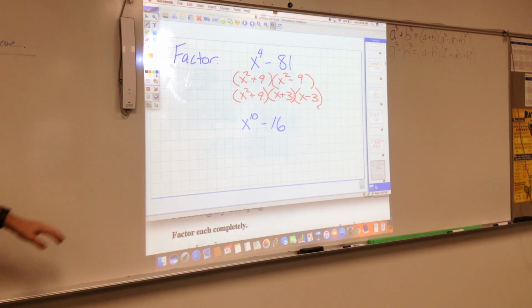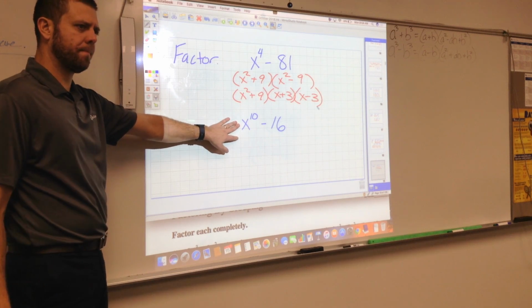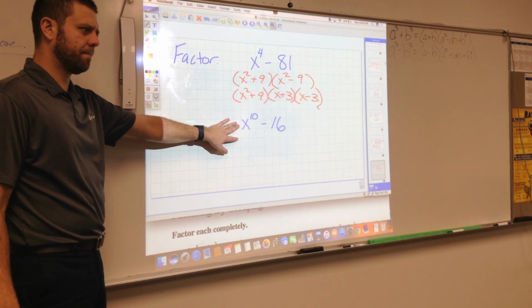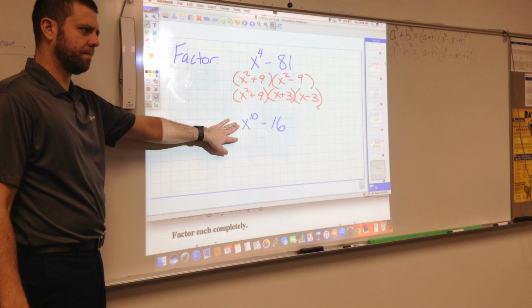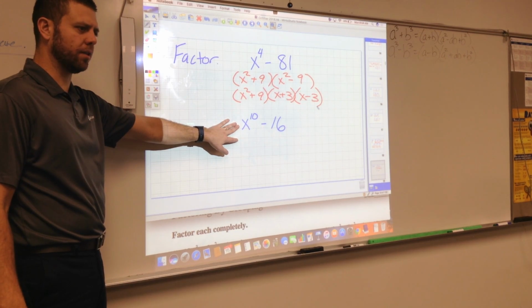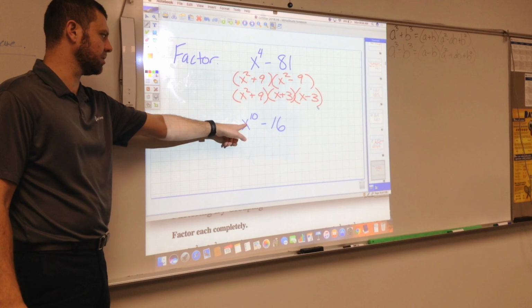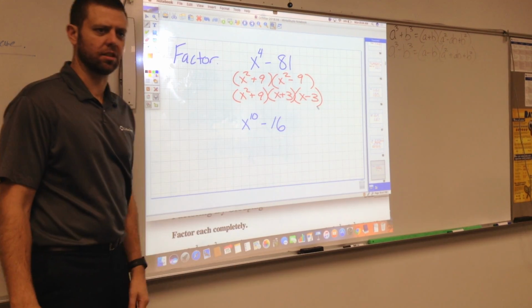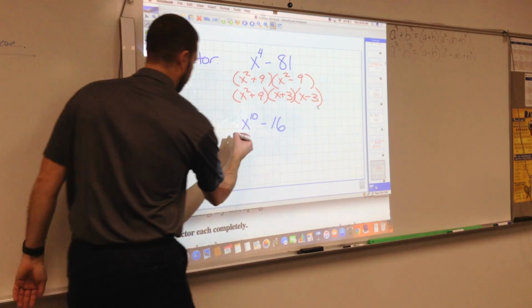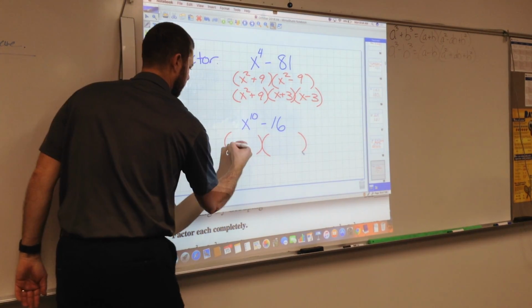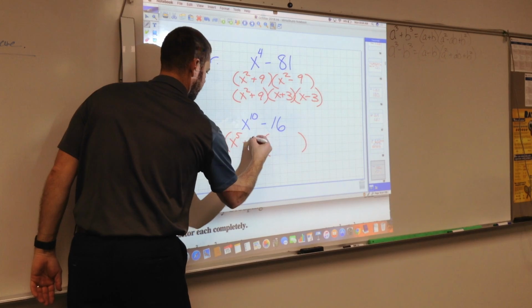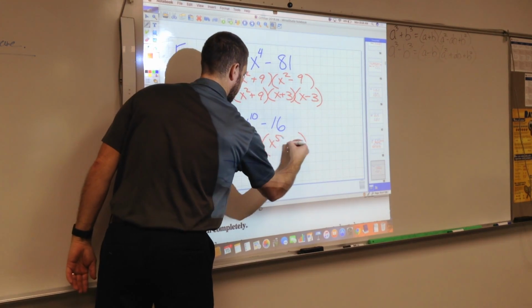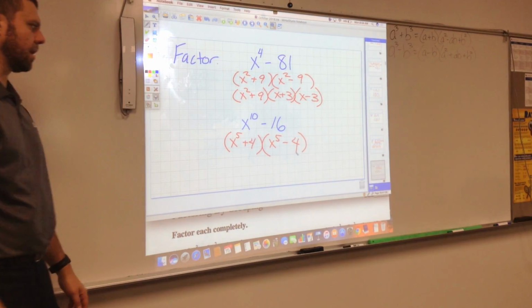Okay. How about this one? Are they both perfect squares? Yeah. What times itself makes x to the 10th? x to the 5th. What times itself makes 16? 4. So what are my two factors? x to the 5th plus 4 and x to the 5th minus 4. Can I keep going?